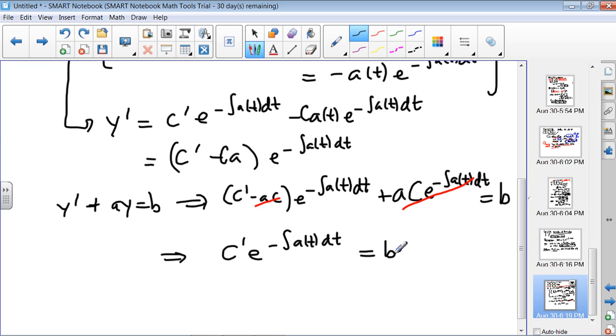So I can solve for c prime pretty easily. I can say it's b divided by this. Now if I have b divided by e to the negative something, doesn't matter how complicated that negative something is, it's the same thing as e to that something. Okay, so that's one of our properties of exponentials.